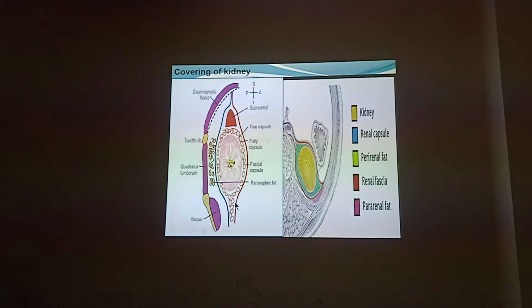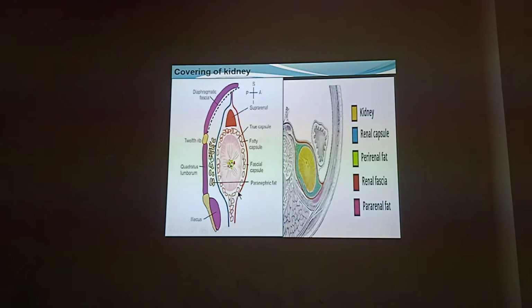And very worth mentioning, here you can see that it is not approximated near the lower pole. It is at some distance, and it is covered. Here you can see this is the pararenal fat. The fourth layer is made up of pararenal fat, which is only present in the posterior aspect and the inferior aspect, where the support by the renal fascia is deficient.